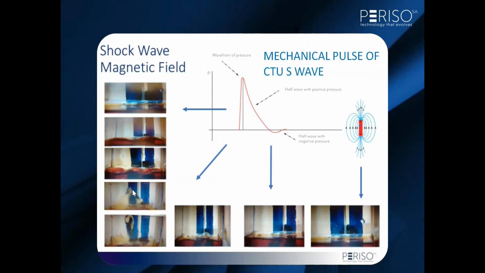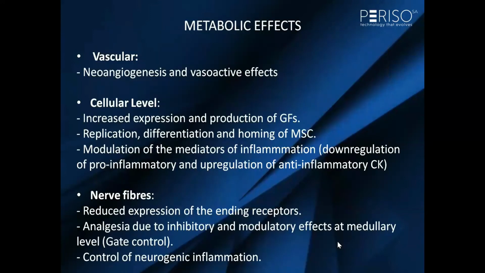This is a shock wave in water, with the higher intensity in the decline, in the negative phase, at the stop of the shock waves. So we can have a metabolic, vascular and cellular effect, affecting nerve fibers to treat pain, the analgesic effect of the shock waves.